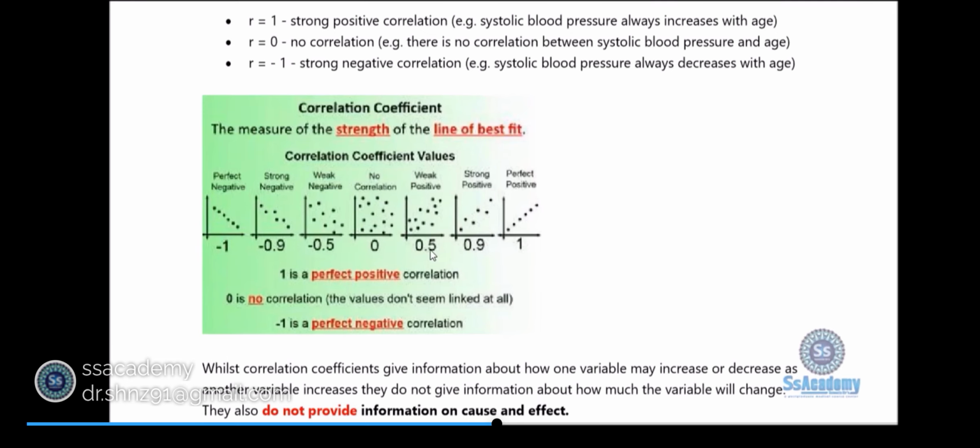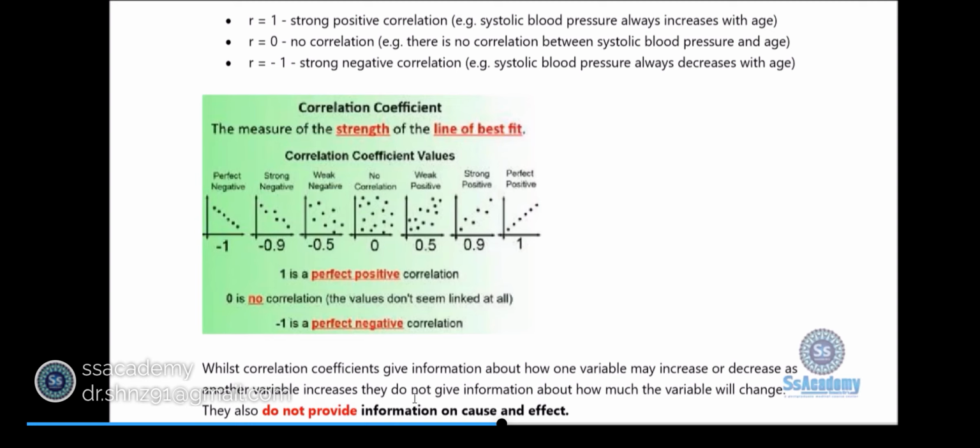At plus 0.5 it is weakly positive, at plus 0.9 strongly positive, and the perfect positive, you see there is a linear pattern. In contrast, the minus values are weak negative, more negative, and minus 1 is a perfect negative. So 1 is a perfect positive correlation. 0 is no correlation, the values don't seem linked at all. And minus 1 is a perfect negative correlation.